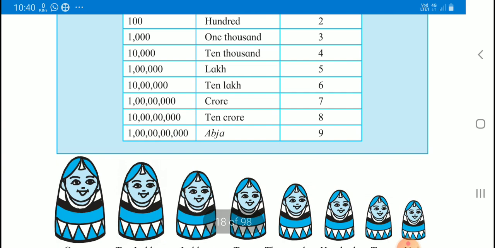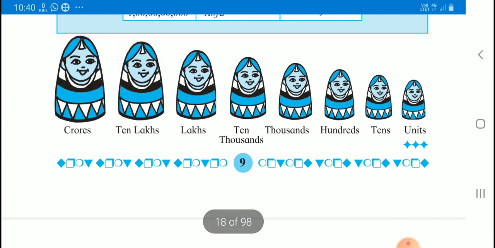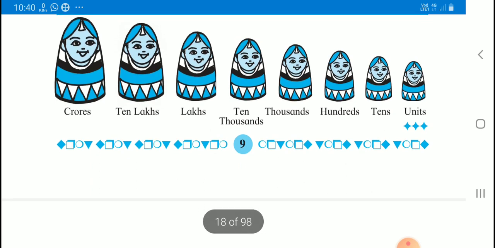Now next they have given a nice figure. You have to see it in your book, page number 9. Look, here they showed one picture, and from unit to crores, this tall picture is increasing.